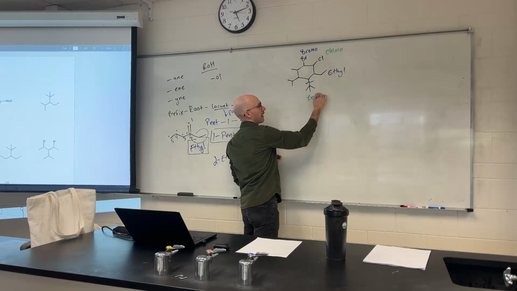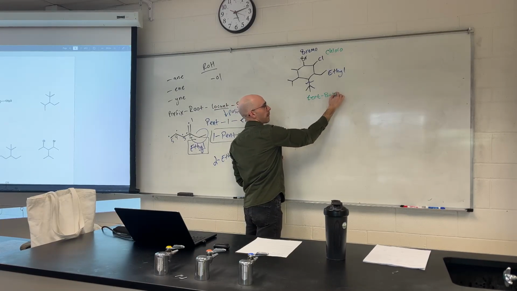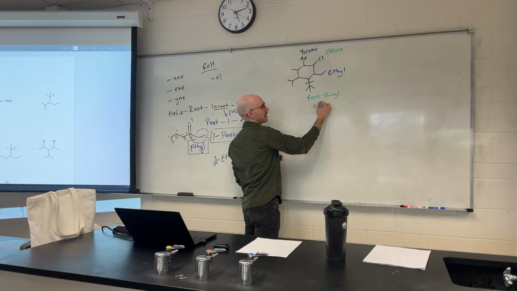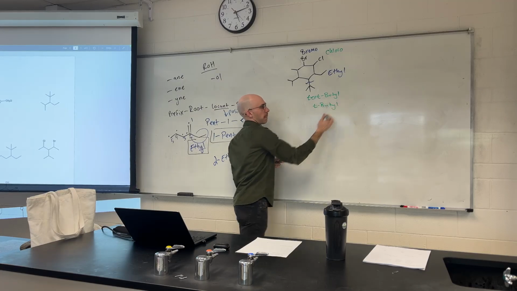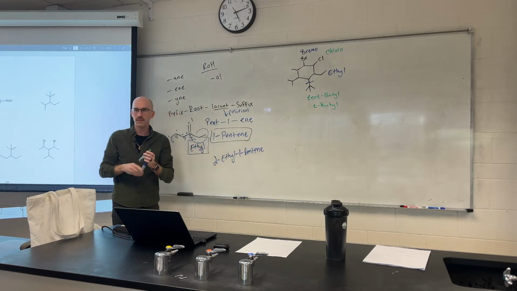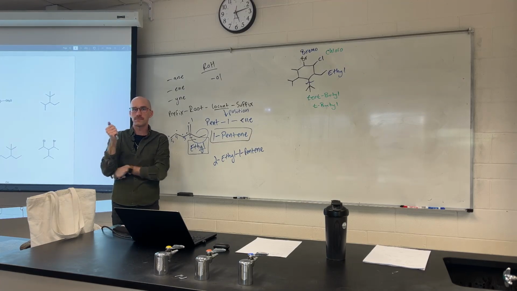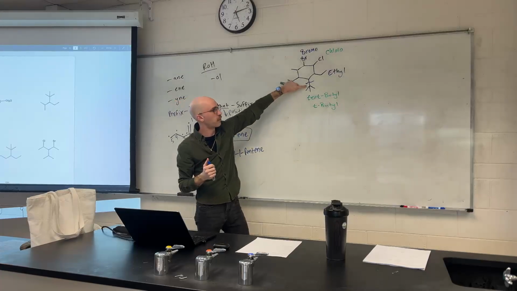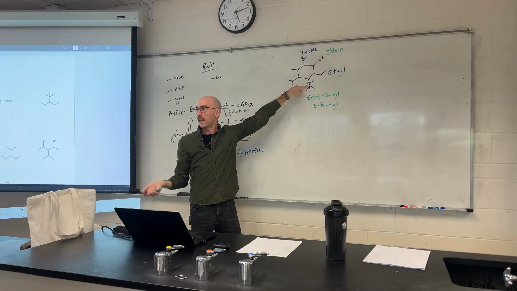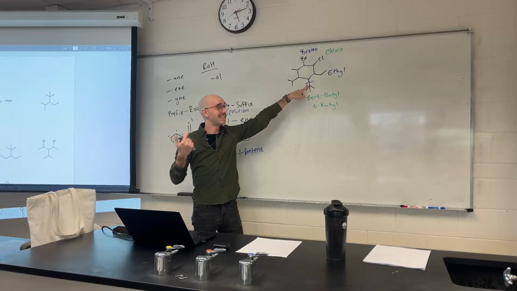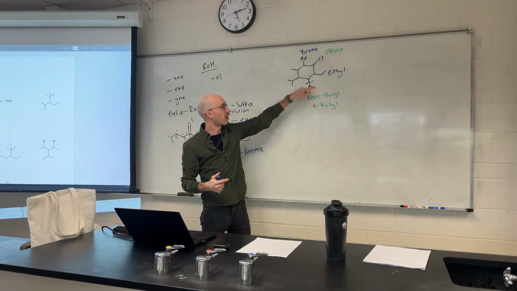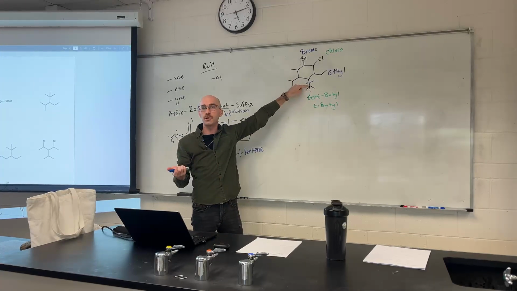We can spell that out, tert-butyl, or we can list it as T-butyl. Tert is meant to reference a tertiary carbon. The carbon of this 4-carbon group that connects to the parent chain is connected to the other 3 carbons of the 4-carbon group. It's a tertiary carbon.